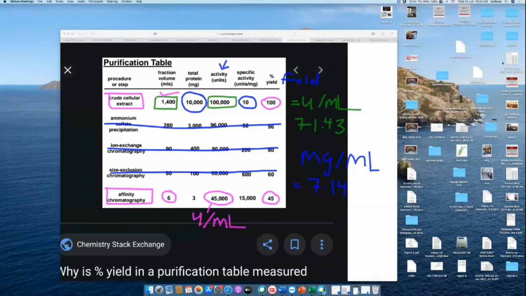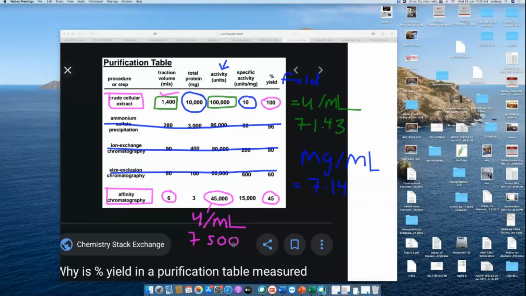Yeah, that's correct. There will be 7,500 units per ml. Can you imagine? This is really high in activity. Even though you have only 6 ml, every ml of it contains 7,500 units.